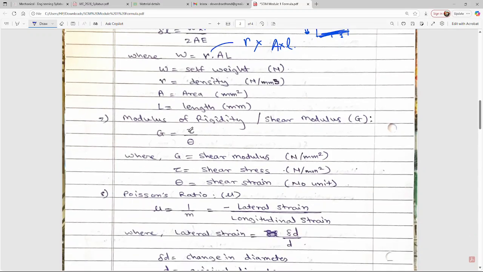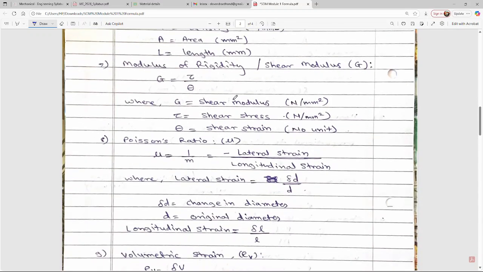Next formula, modulus of rigidity. As we know, this will be a rectangular bar and a load F is applied here. Then for the stress, what are we taking?